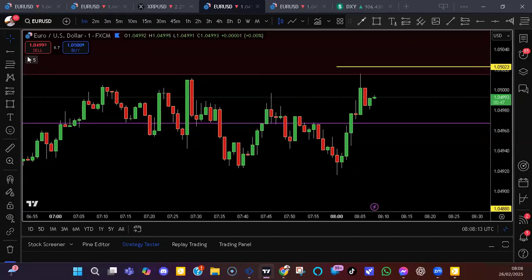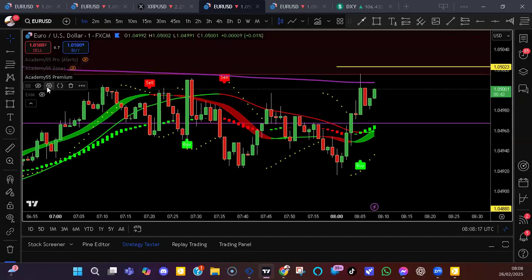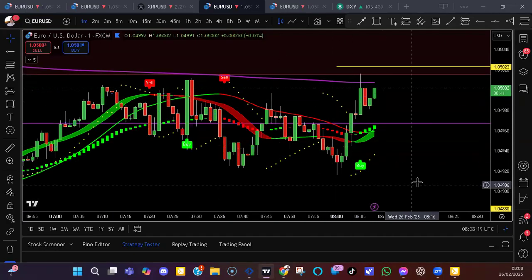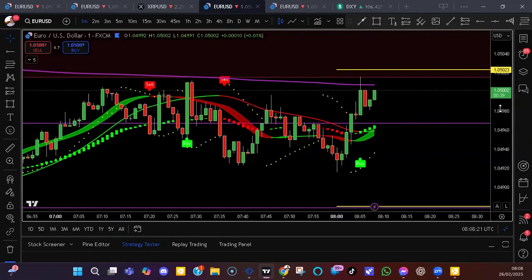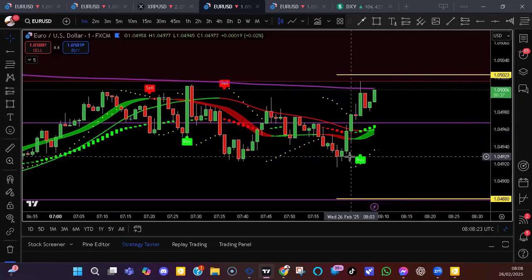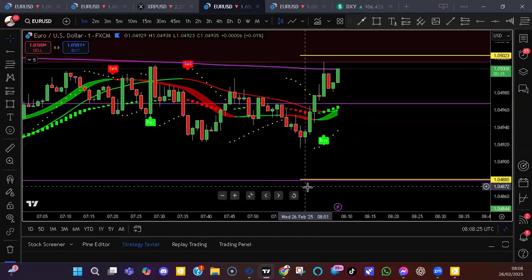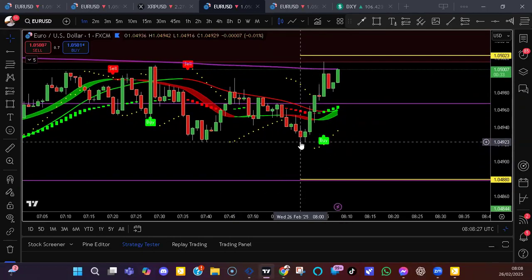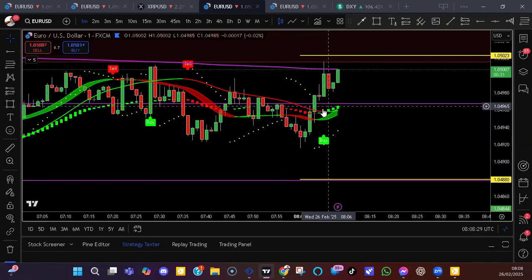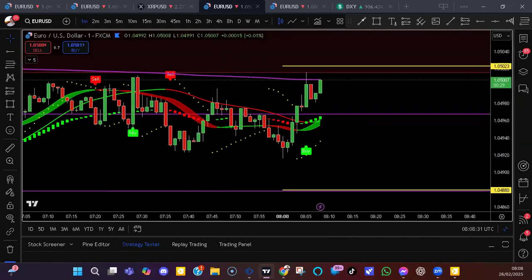But let's put our indicators back on. So this is a buy. We have no confirmation of a buy because this is the buy zone down here. And if we were going into that one, we were around at that time.